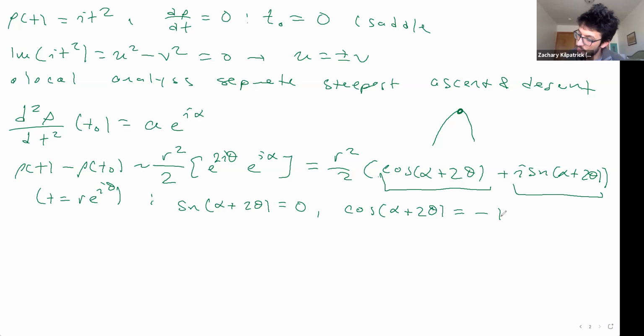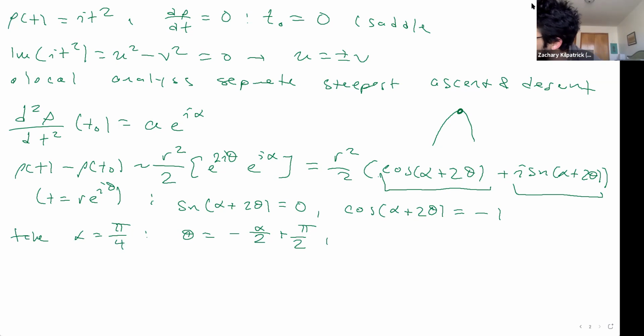And if we take alpha equal to pi over 4, then theta can be equal to minus alpha over 2 plus pi over 2.